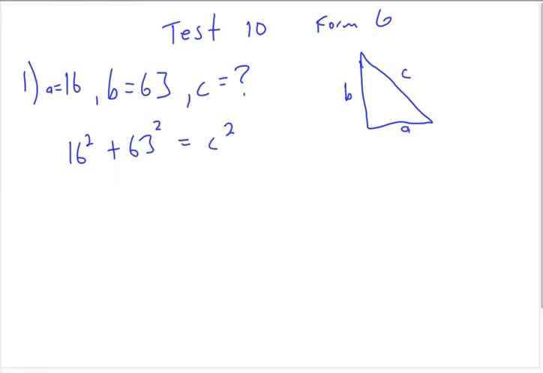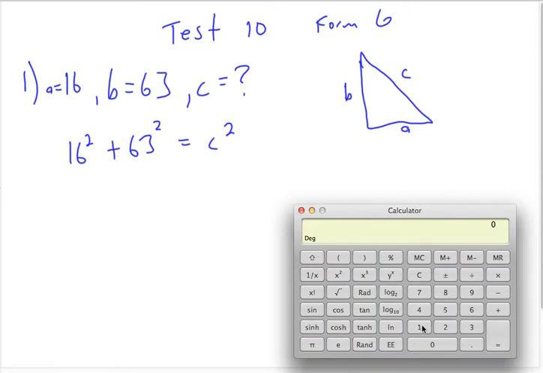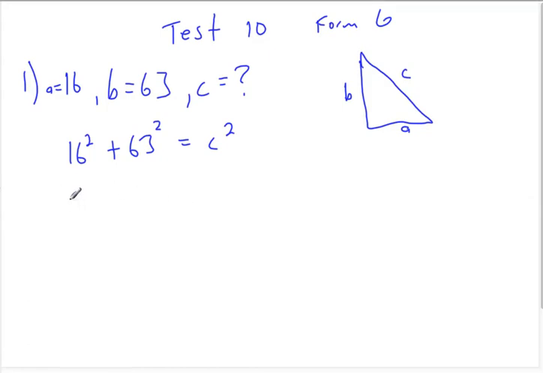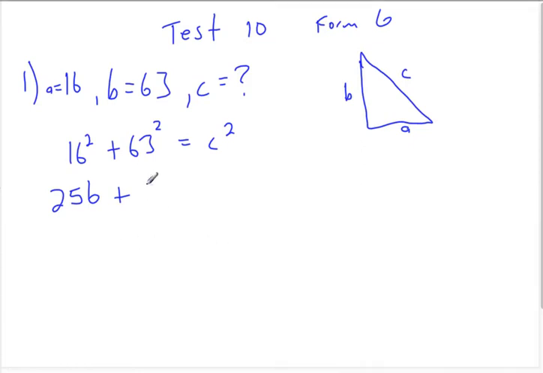I don't know what all that is, and you'll get a calculator on the test. So 16 squared is, let's see, 256. 256 plus 63 squared, which is 3969. Add those up.